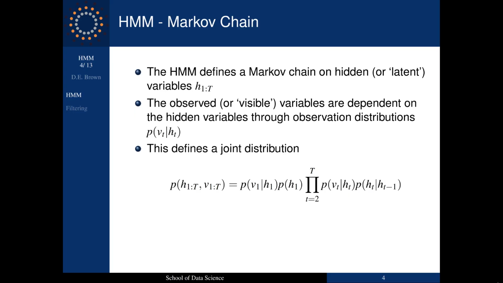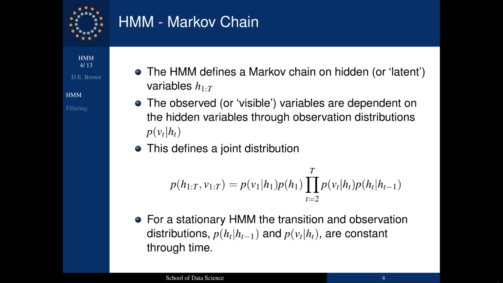Because we have this Markov property, these hidden units only depend upon the unit that occurred before them. In other words, the value of h of t only depends upon the value of h of t minus 1, and none of the other h's that may have preceded it. For a stationary hidden Markov model, the transition and observation distributions are constant through time.